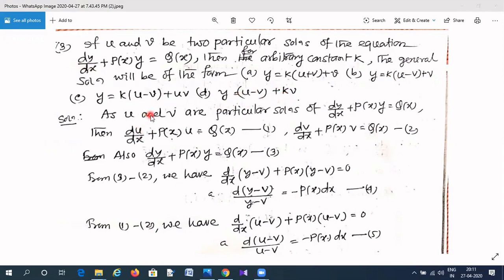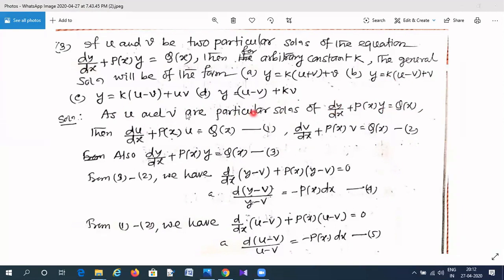So the main differential equation which is given is dy/dx + P(x) y = Q(x). We can write P and Q instead of P(x) and Q(x) later. It is said that u and v are particular solutions of this differential equation.